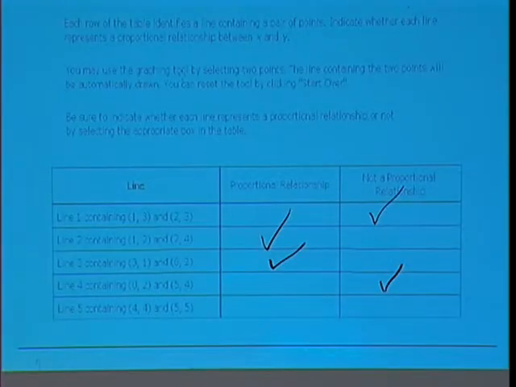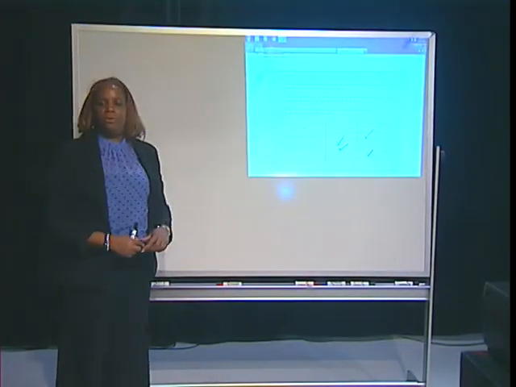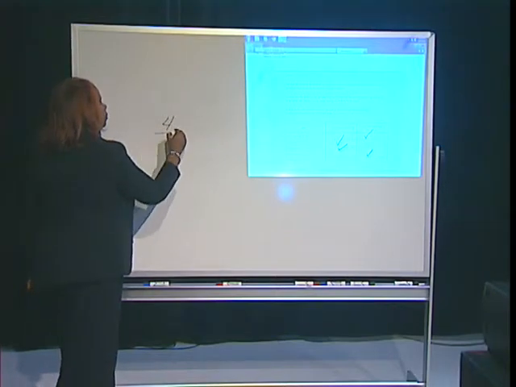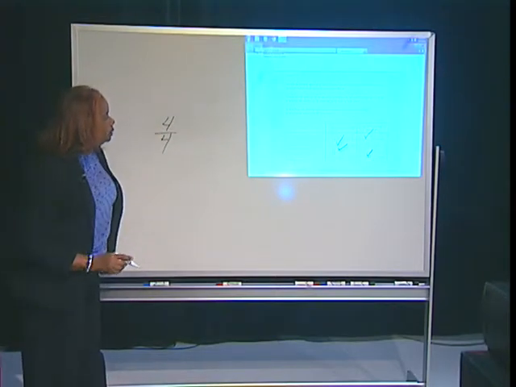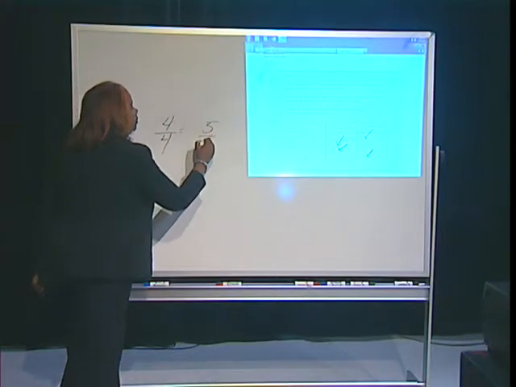Now take a look at line 5. It's showing that it has the points 4, 4, and 5, 5. I will do the same as 1 through 4. I will be writing the value as 4 over 4, and also I will be writing the value 5 over 5.